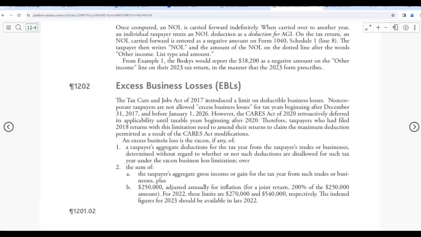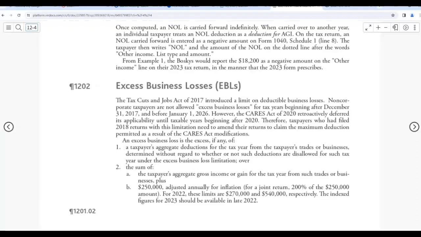So, an excess business loss is the excess of the taxpayer's aggregate deductions for the tax years from the taxpayer's trade or business, determined without regard to whether or not such deductions are disallowed for such tax years.